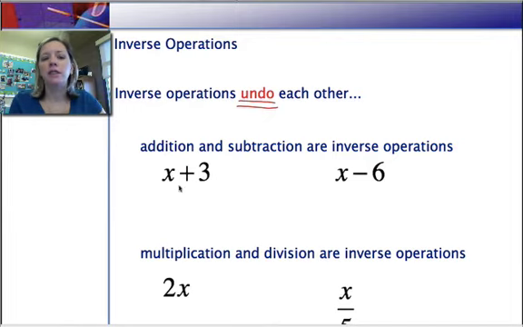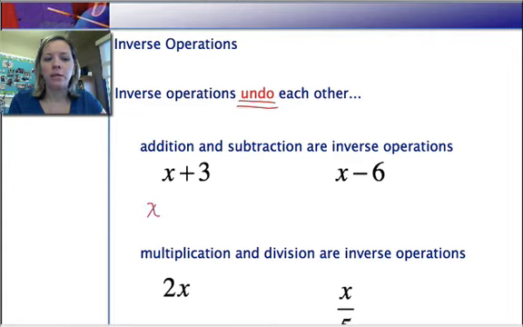So let's look at a couple examples here. I just have expressions, not equations, but I want to think about isolating or getting x all by itself. Remember, isolate means get by itself. So if I see addition, like I do here, I can undo that addition with subtraction.